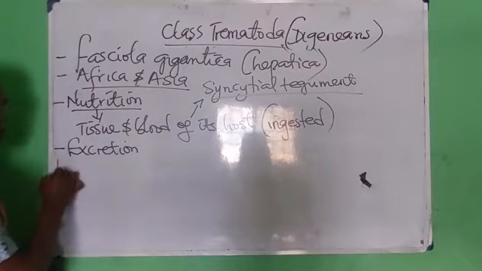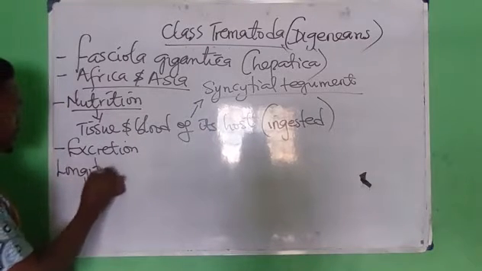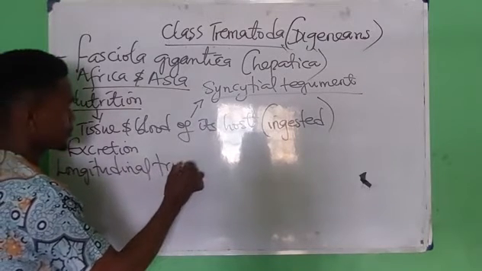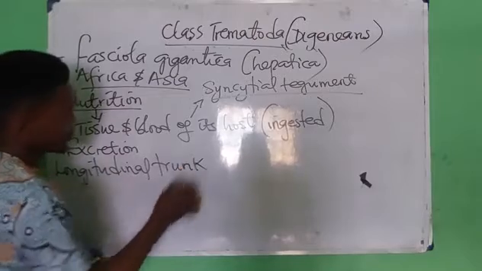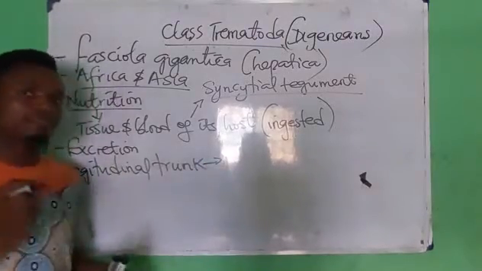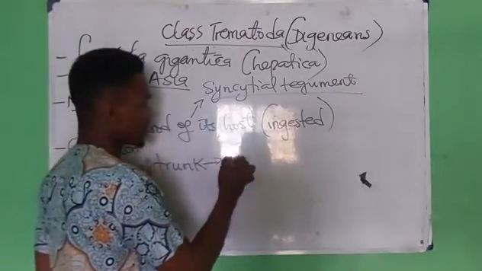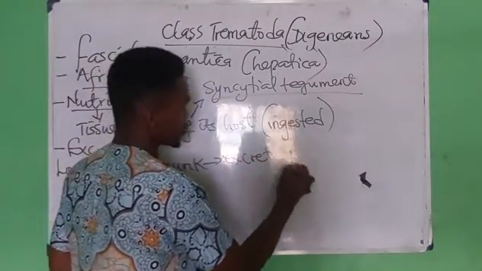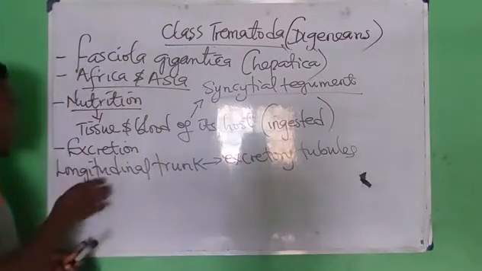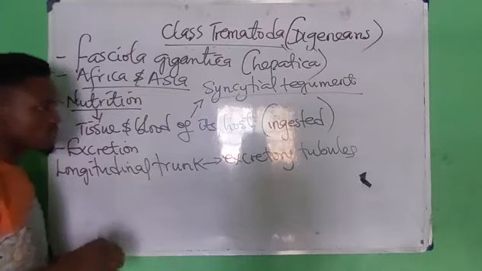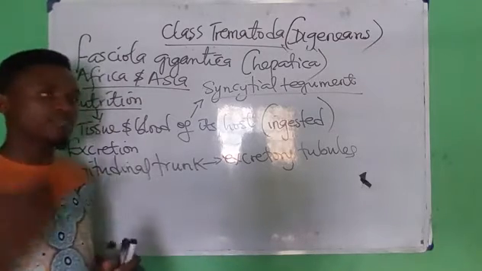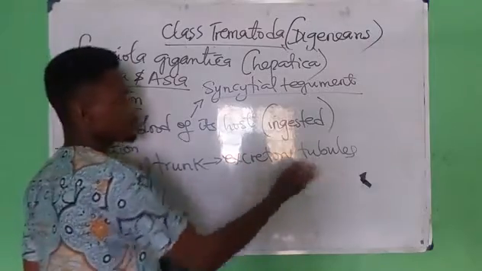a longitudinal trunk. This longitudinal trunk is lined by fine branches called the excretory tubules. Excretory what? Tubules. The longitudinal trunk possessed by this organism is lined by fine branches called excretory tubules.